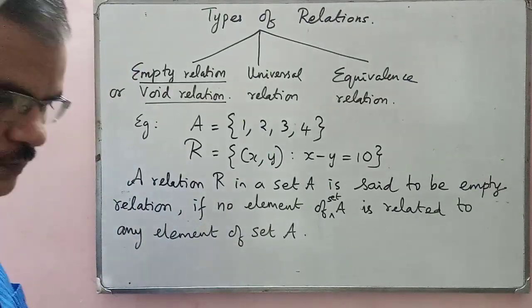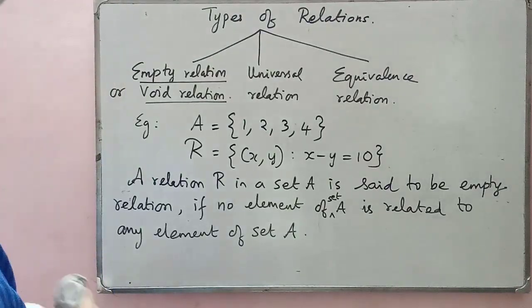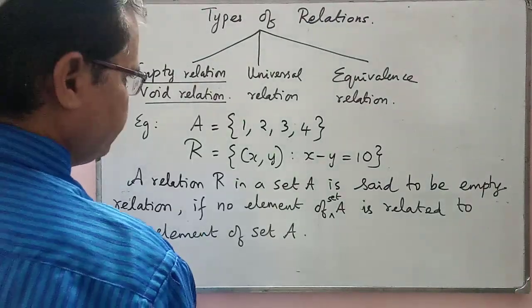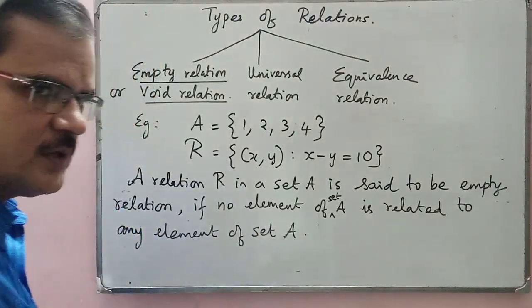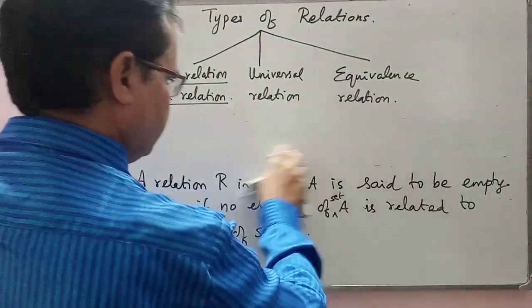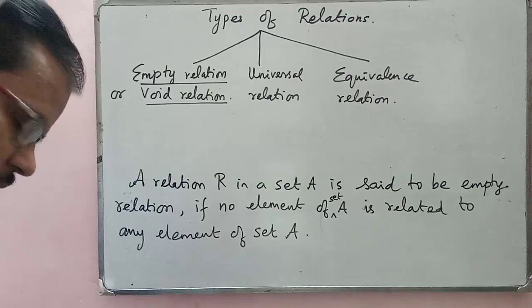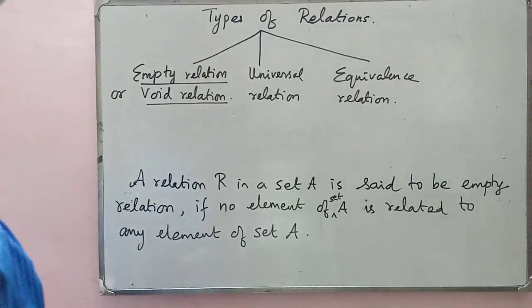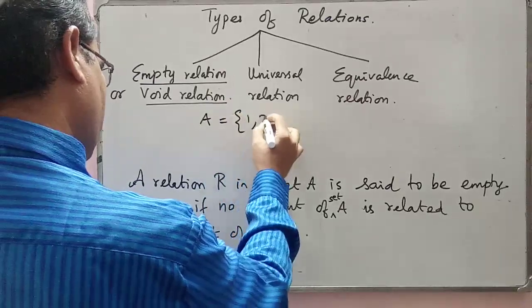Now we'll move on to universal relation. As I told you, in a universal relation, all possible ordered pairs should be there, or in short, the Cartesian product should be equal to your relation. That is how you define it. Say for example, A = {1, 2, 3, 4}, the same example.